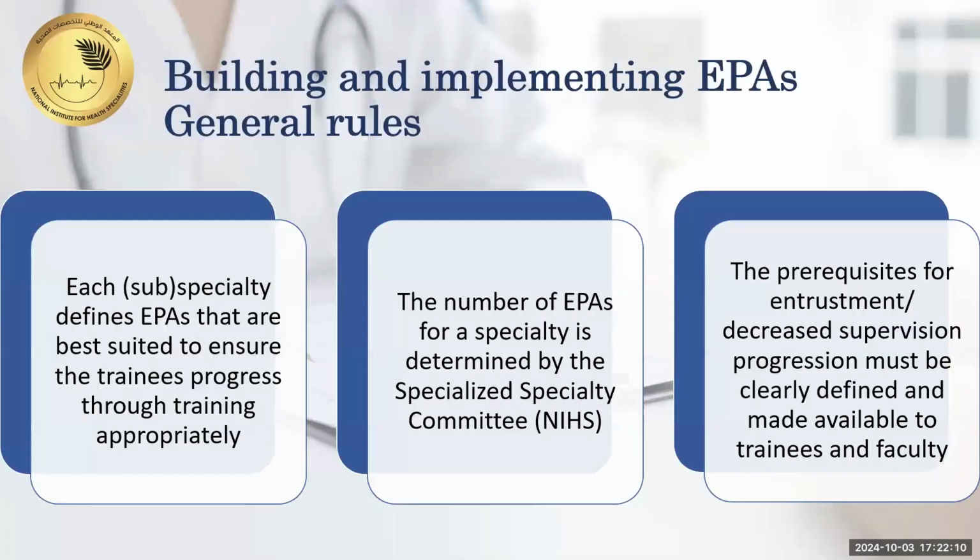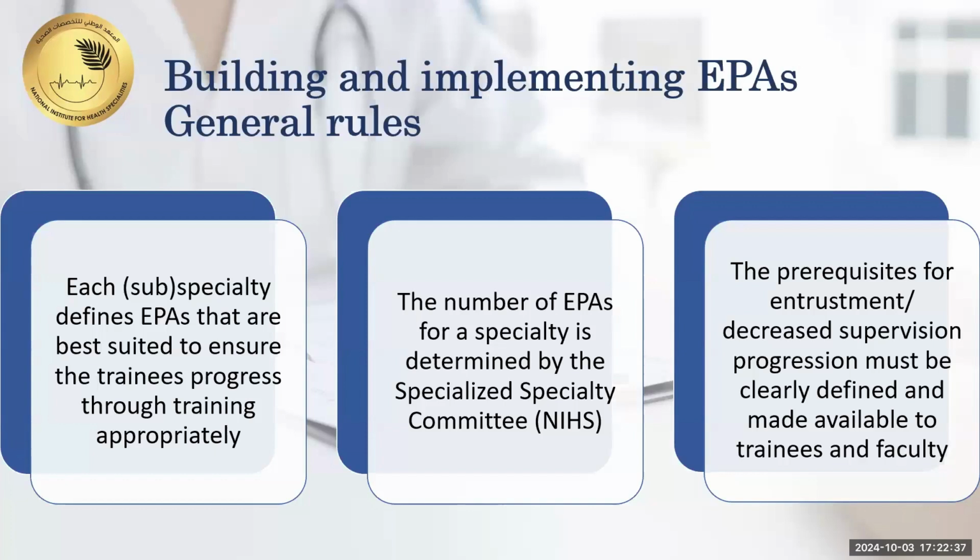Okay. Now, when we implement and build EPAs, there are some very basic general rules. Each specialty must define the EPAs that are best suited to ensure the trainees progress through training. Then the number of EPAs for a specialty is determined by that specialty committee.